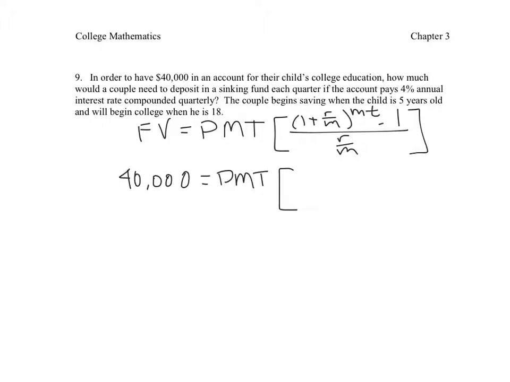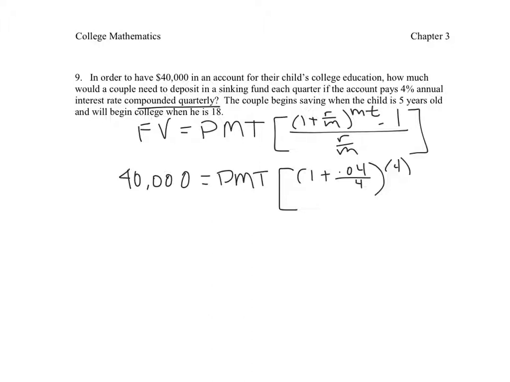Now, if I plug in the rest of the information, the interest rate is 4%, so that's 0.04, and it is being compounded quarterly. So I'll put that over 4. Raise it to, my M is 4, and my T I have to calculate.